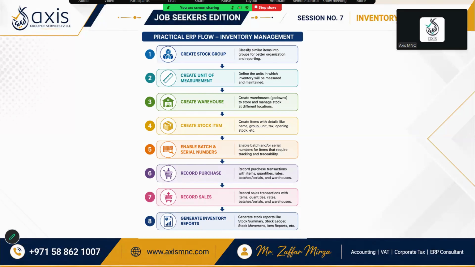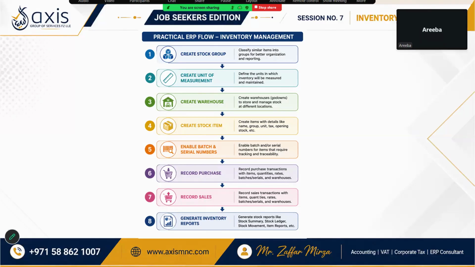Then record the purchase, record the sales, and the closing stock. This is the accounting ERP flow. We need to create a stock group, the unit of measures, the warehouse, and the item. When creating the item, we need to activate the batch number and serial number. We need to purchase, we need to sell, and we close. Ariba, understood?